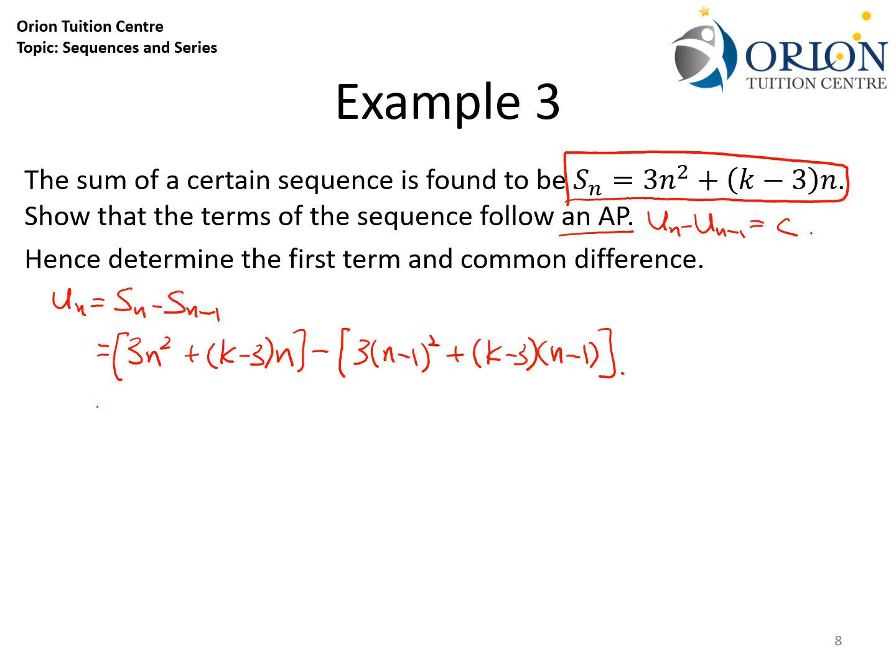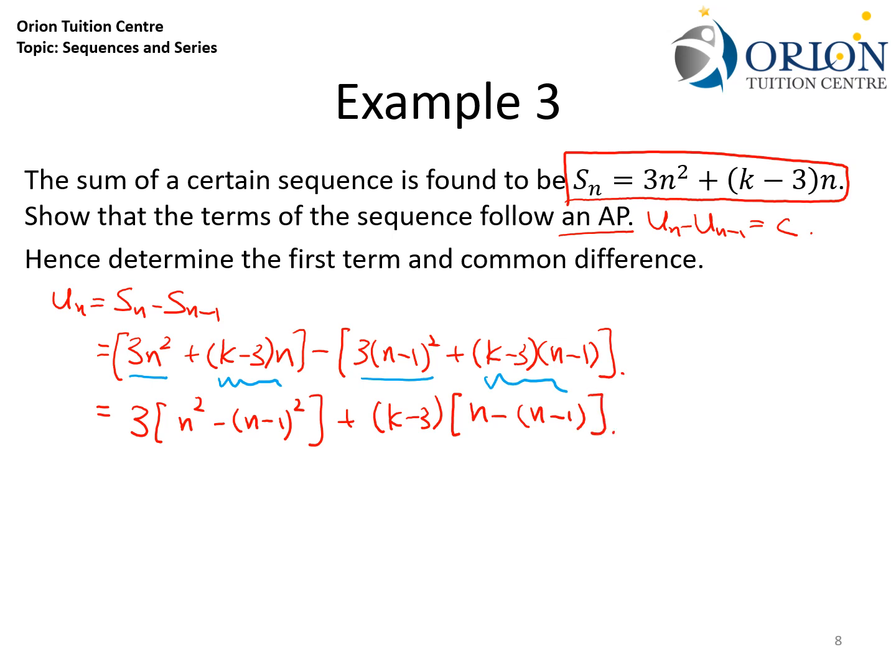Now I'm going to regroup them and factorize in order to simplify it rather than expanding everything. So grouping this and this together, I will have 3 times n squared minus n minus 1 squared, and grouping this term together with this term, I will have k minus 3 multiplied by n minus n minus 1.